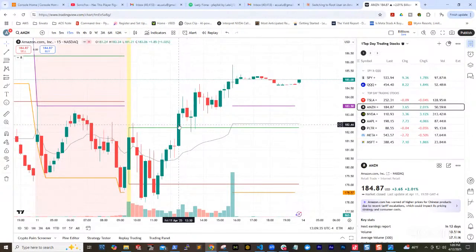So you can see once it crossed this green, it went up a little bit, then it went back down to that green, then it went back up again, right? So at this point, they will sell it. So that's why if you buy it here, once you make some type of profit, just monitor it and put your stop loss there. So that way you can walk away with that profit.